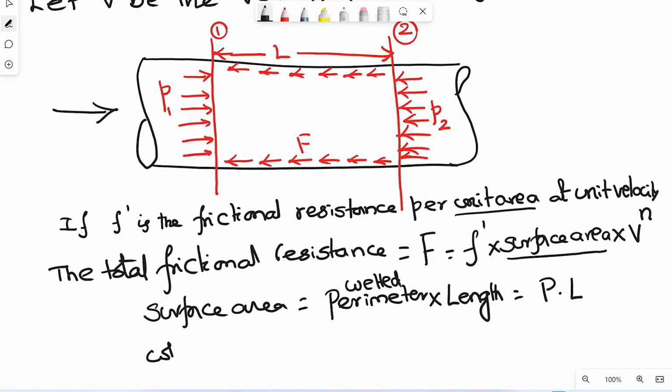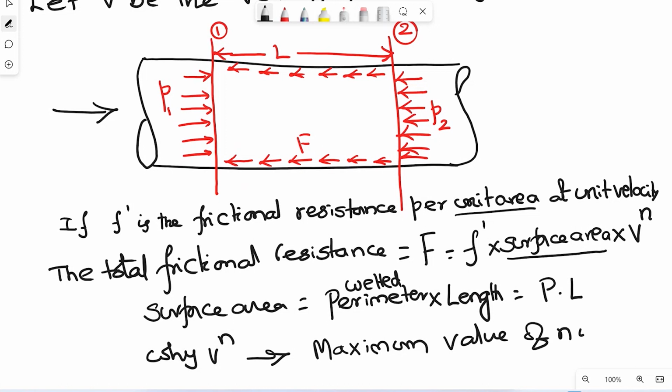Then why V to the power of n? Because normally we know that in the case of laminar flow, the head loss is proportional to V. But when we move into the turbulent flow, that means as the velocity of flow is increased, the relation between the head loss and velocity changes such that it is V to the power of n, and the maximum value of n is 2.